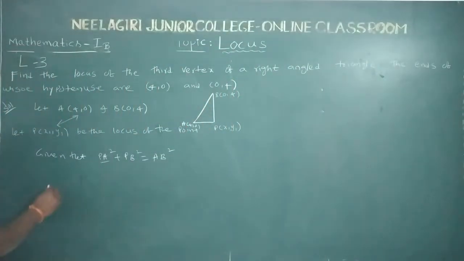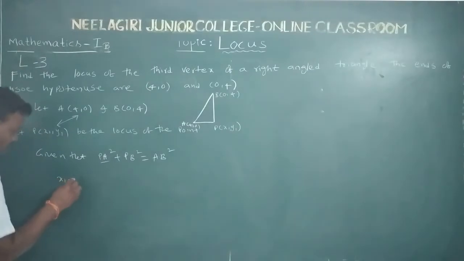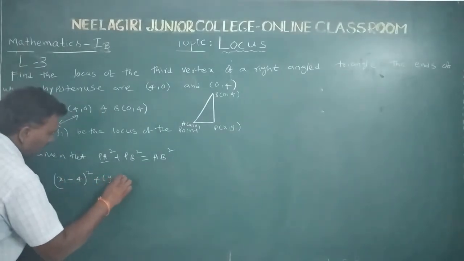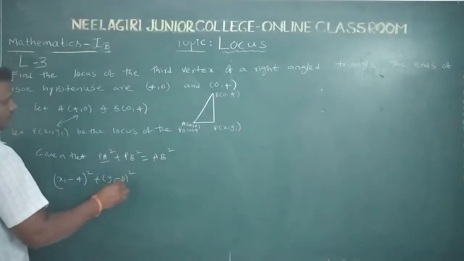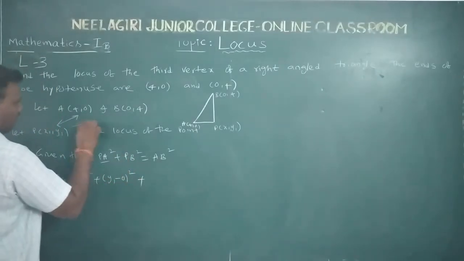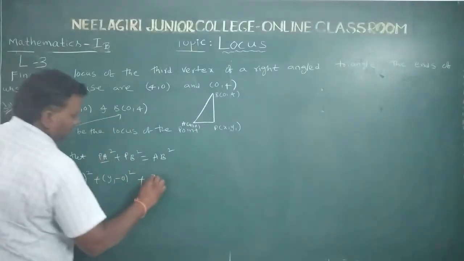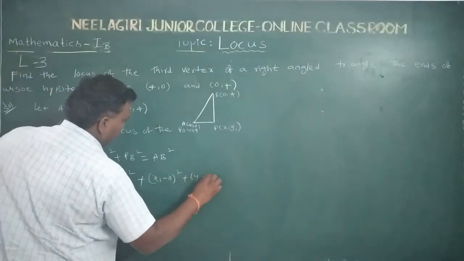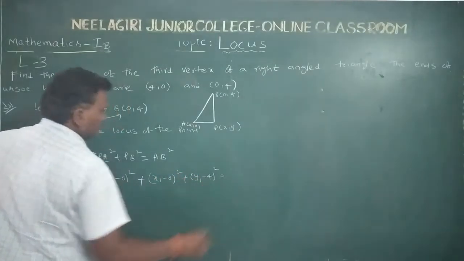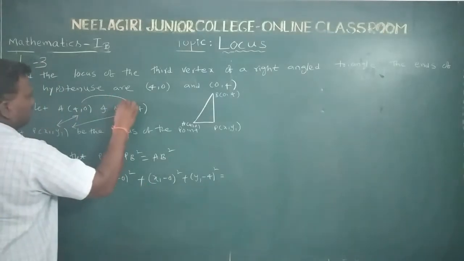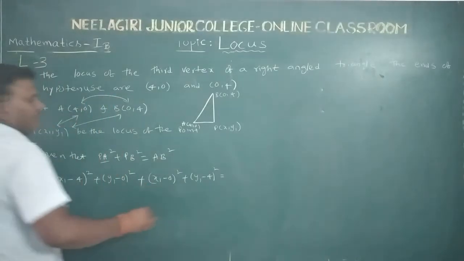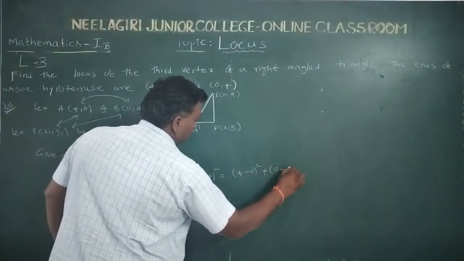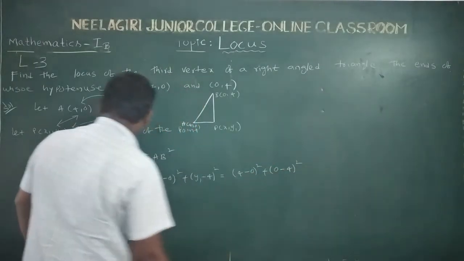So PA square is (x1 minus 4) whole square plus (y1 minus 0) whole square, plus PB square, which is (x1 minus 0) whole square plus (y1 minus 4) whole square. AB square is the distance between A and B: (4 minus 0) whole square plus (0 minus 4) whole square.